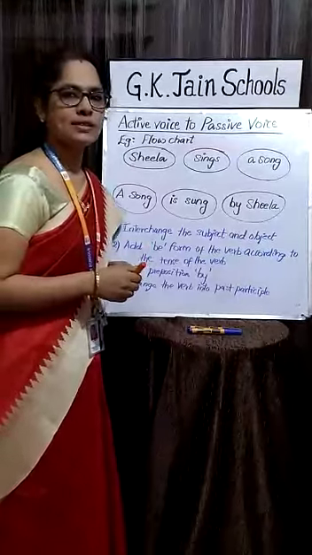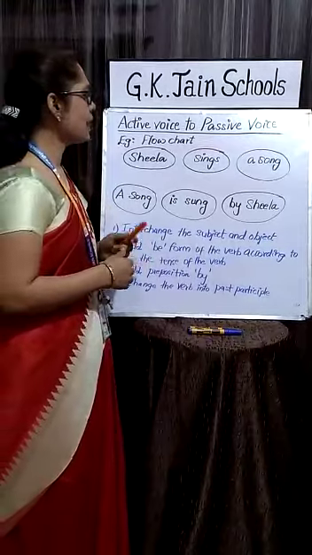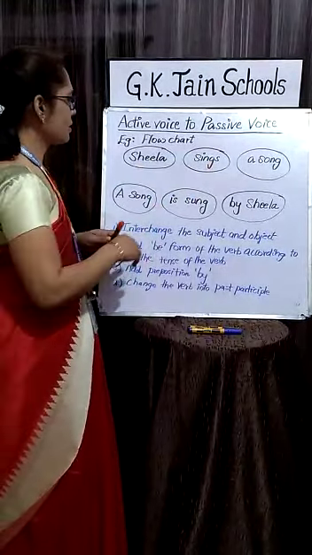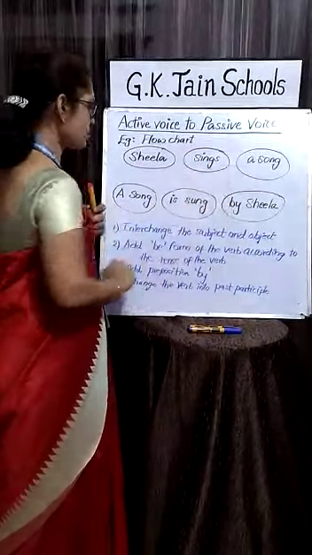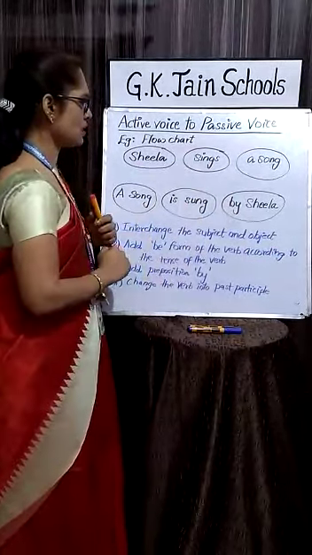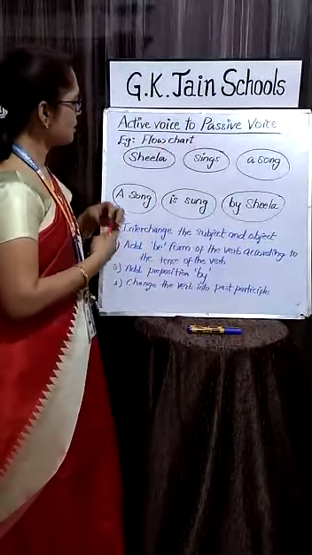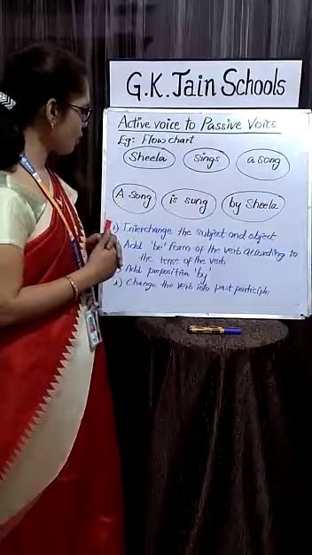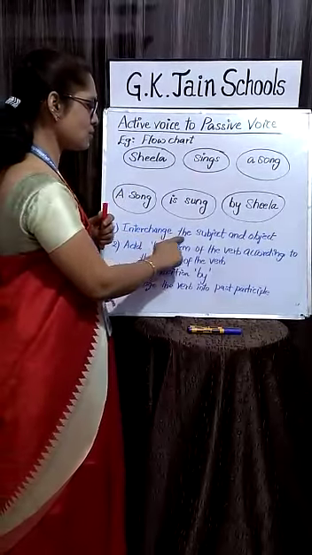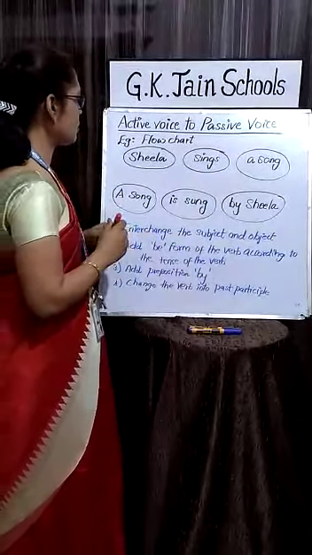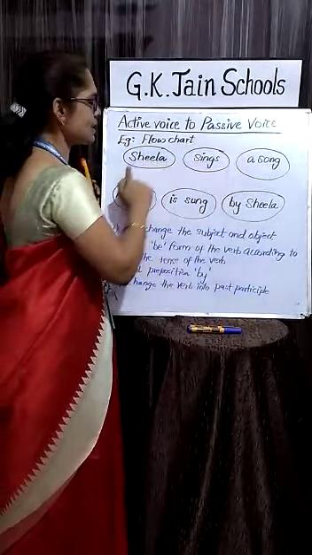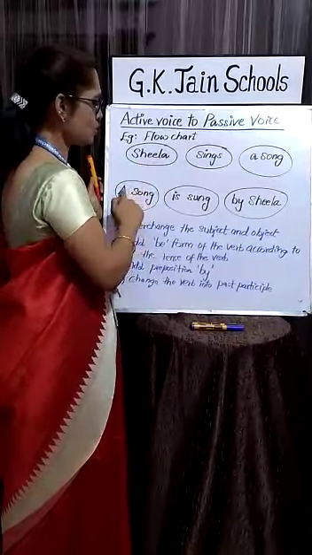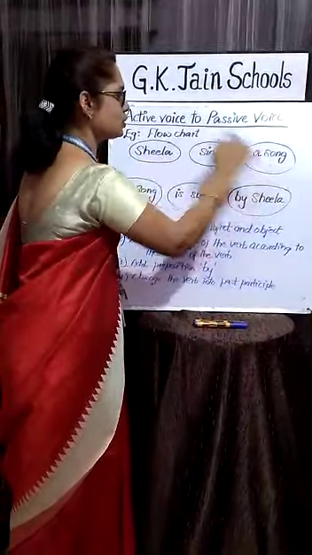So students, let's see the steps to change a sentence into passive voice with this flow chart. Sheila sings a song. A song is sung by Sheila. Here our sentence is changed from active voice to passive voice. And what are the steps to be followed? First, we have to interchange the subject and object. The subject in our sentence here is Sheila and the object is a song.